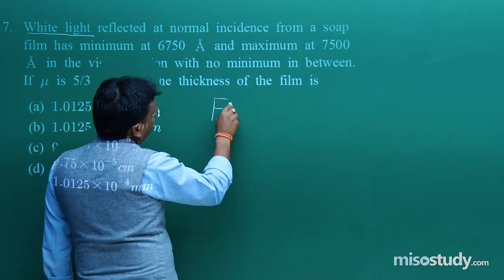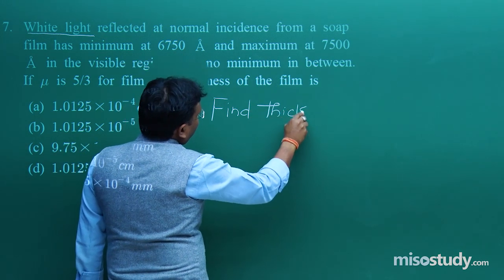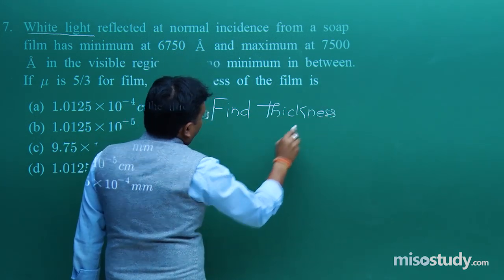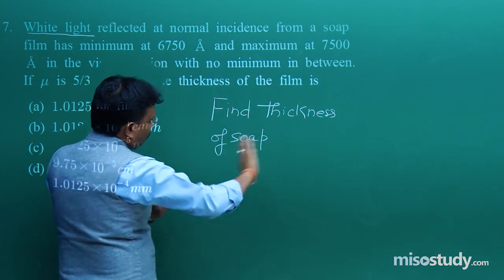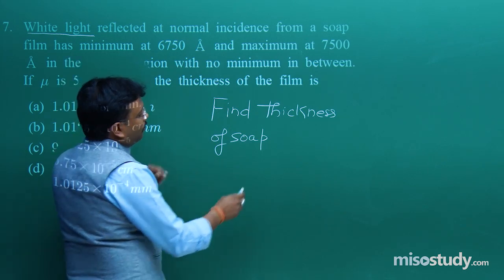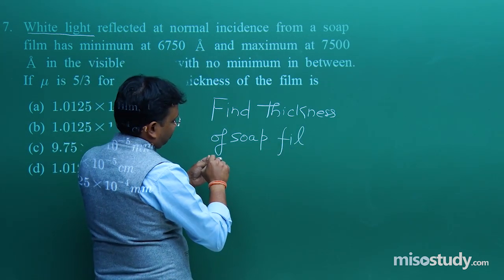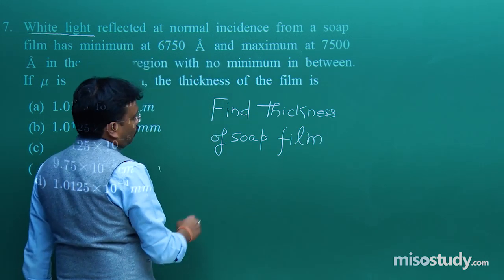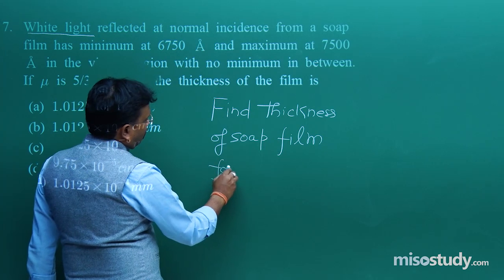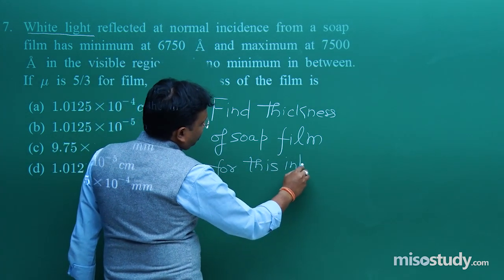So the question is, find the thickness of the soap film for this interference.